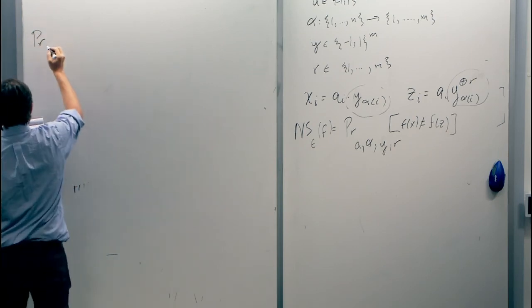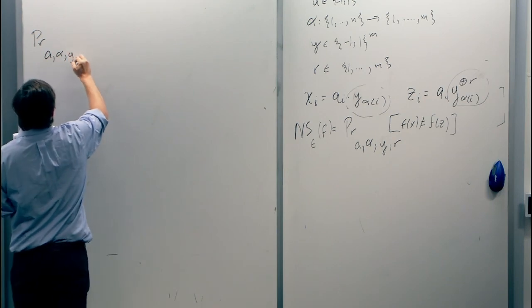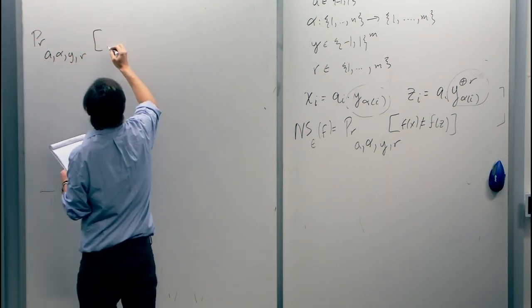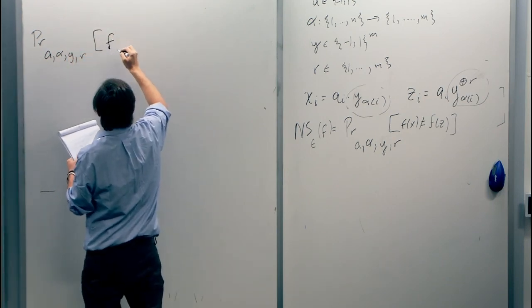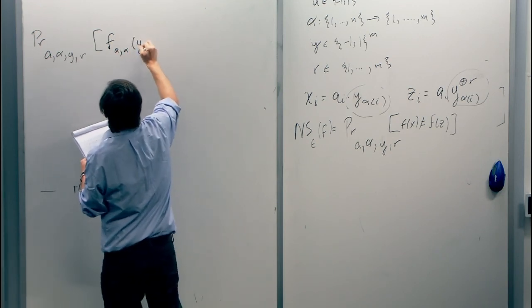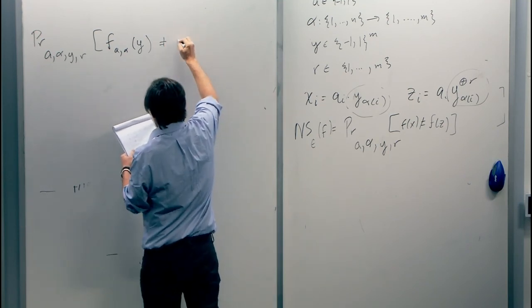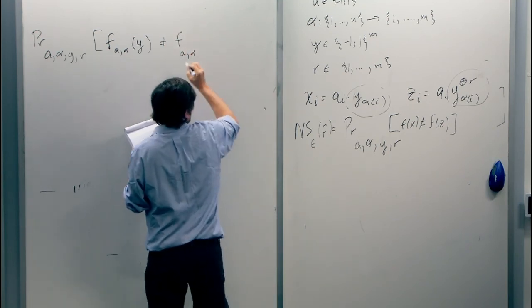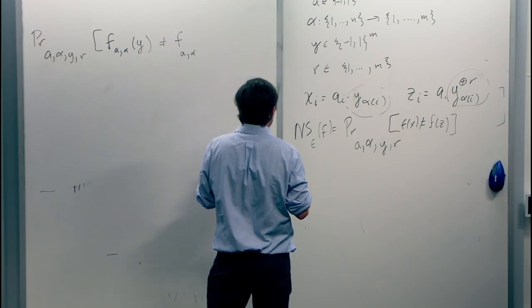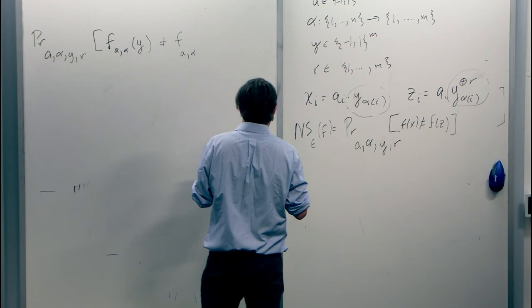So this is just the probability, again, over A, alpha, y, and r, that f of A, alpha, y is not equal to f of A, alpha, y... no, I meant x here.